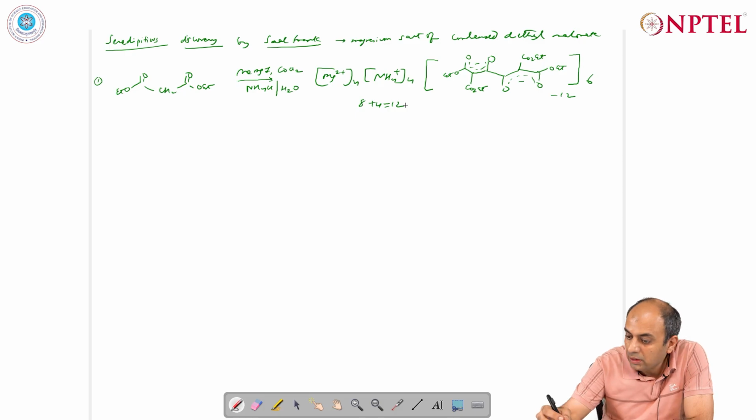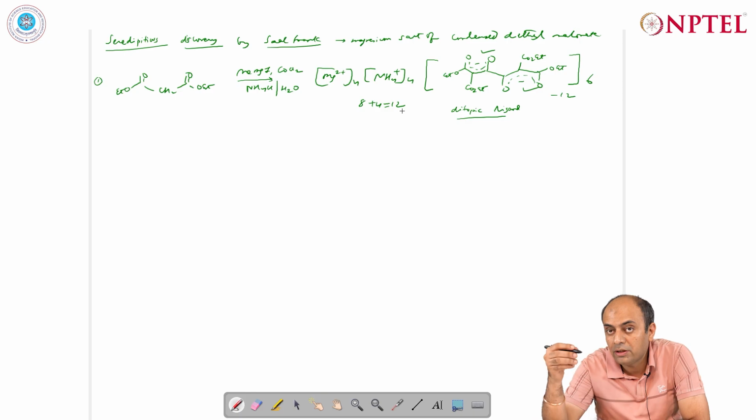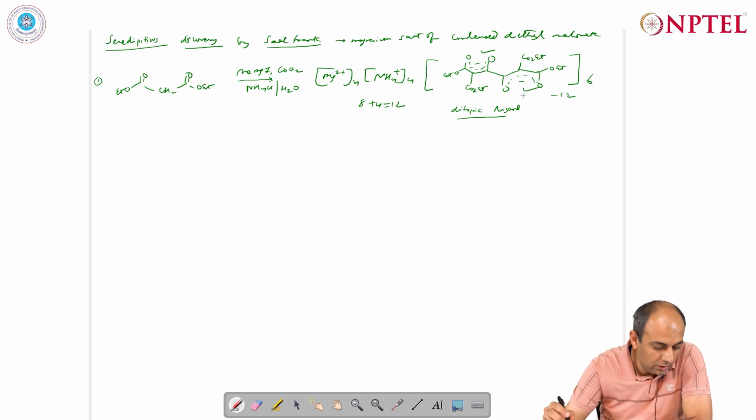And now we see this has got topicity 2, this is a ditopic ligand, this is one binding domain, this is the other binding domain, and initially it was thought, looking at this composition, that magnesium is octahedrally coordinated with 6 such units, but when the crystal structure was done, it revealed that the magnesium exists in a tetrahedral environment.